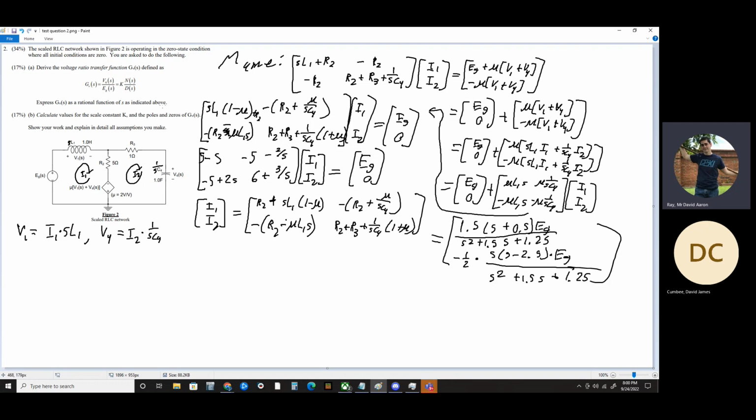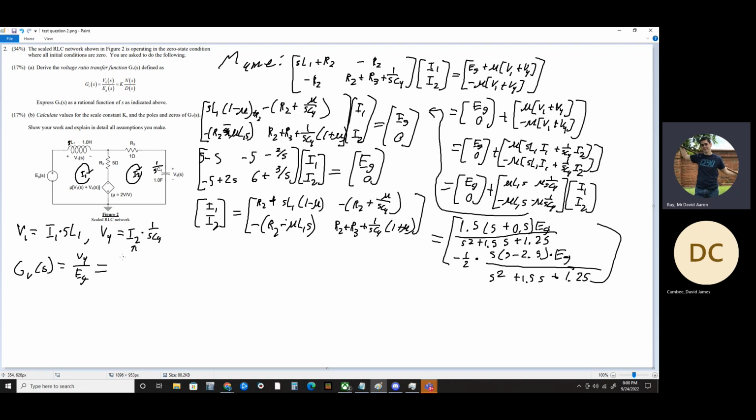So now with that, we can see that the gain, or the scale constant k, is negative 1 over 2. Before I start saying that, I need to go back over here to GV of S equals V4 of S over EG.